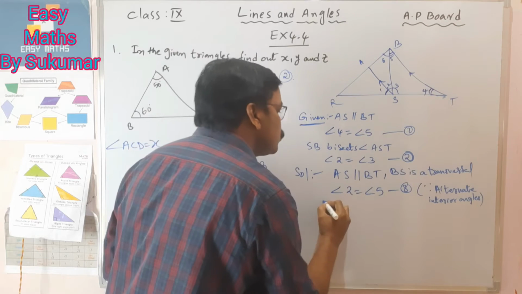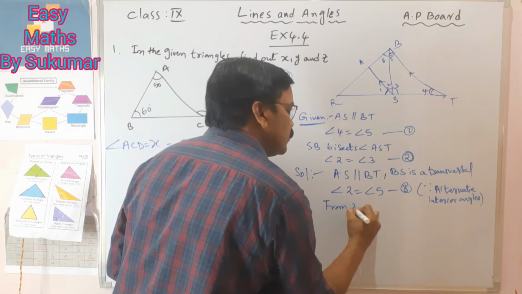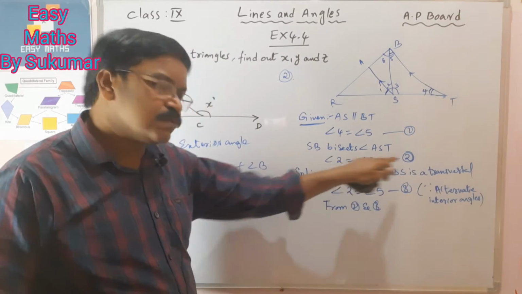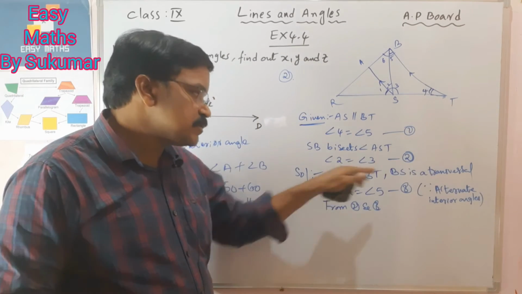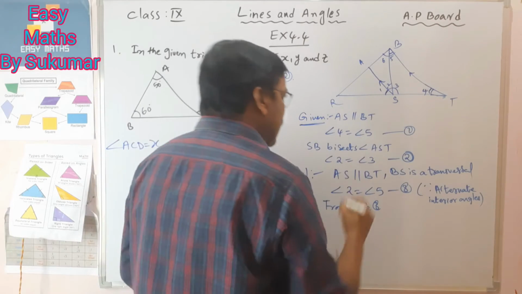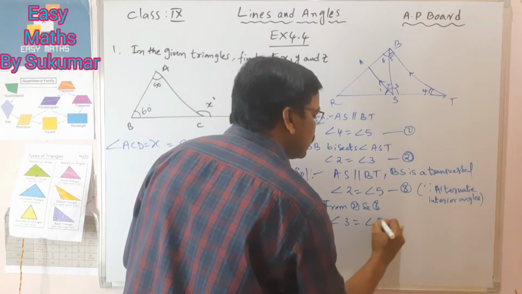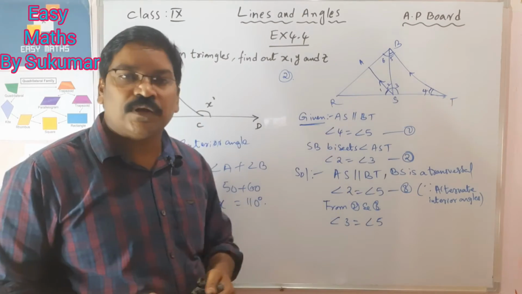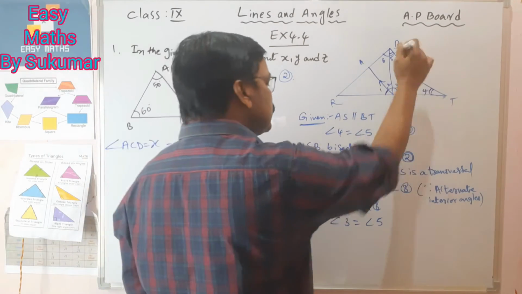So from equation 2 and 3, angle 2 is equal to angle 3, angle 2 is equal to angle 5. That means angle 3 is equal to angle 5. But this angle 4 is equal to 5 now.